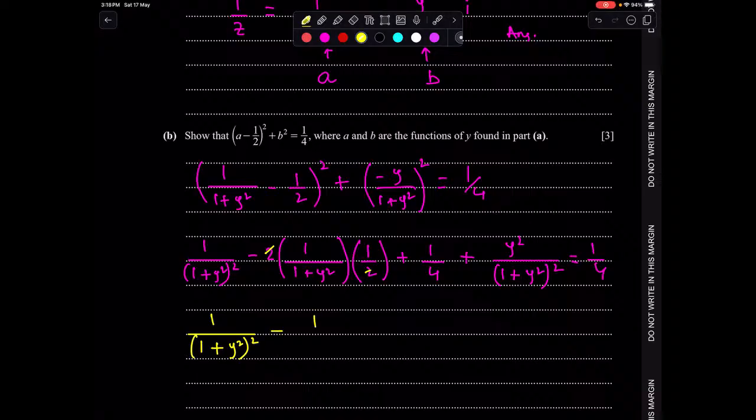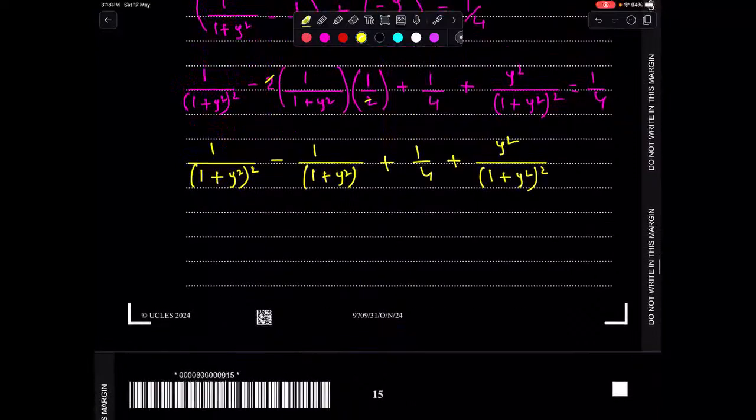Here we have 1 upon 1 plus y square, 1 upon 4 copied, and y square upon (1 plus y square) whole square is equal to 1 upon 4.